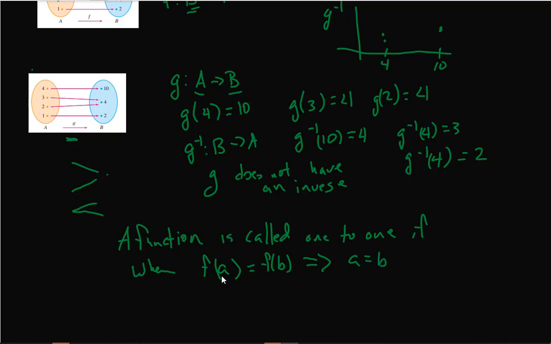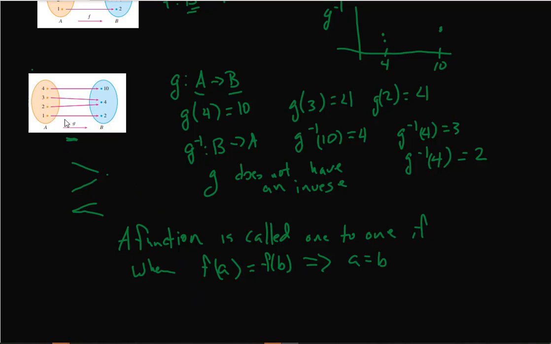In other words, the only time f of one thing can be equal to f of something else in the domain, where a and b are in the domain, is if those 2 things are actually the same point. You can't have 2 separate things, a and b, going to the same place. So this is called 1 to 1.